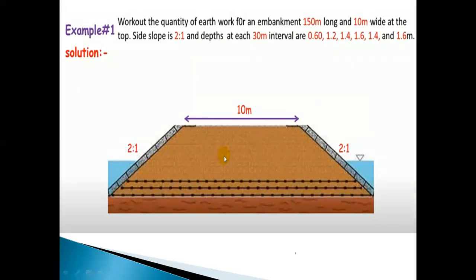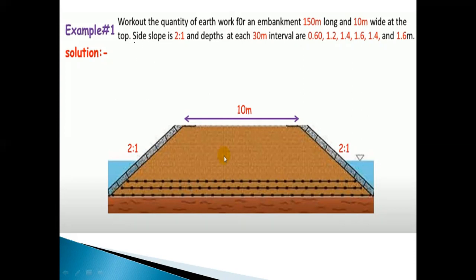If the problem asks for a particular method, we solve by that method. If you are not asked for any method, it is our choice; we can solve by any method: mid-sectional method, mean area method, trapezoidal, or prismoidal. So when a method is asked, solve by that method.